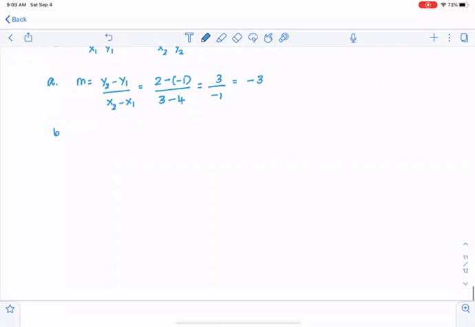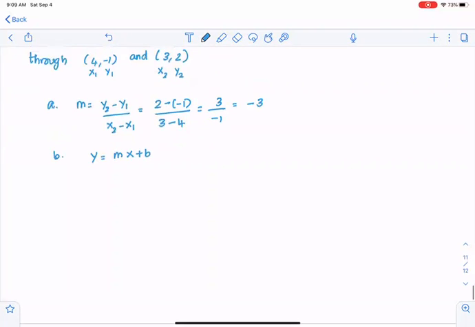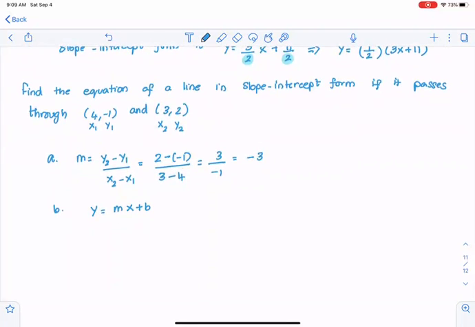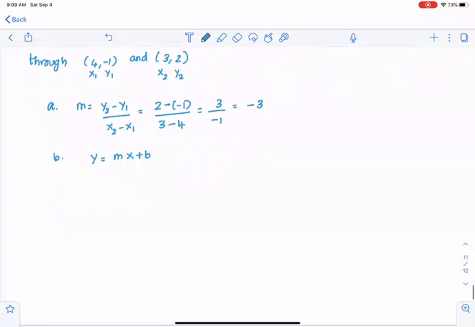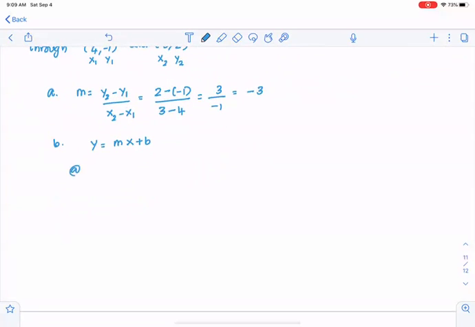Now that we have the slope, we go back to y equals mx plus b and choose one of the 2 points. We could either pick 4, -1 or 3, 2. I am going to pick the first point. So at 4, -1, y is -1 and x is 4. We know the value of m. m is -3.